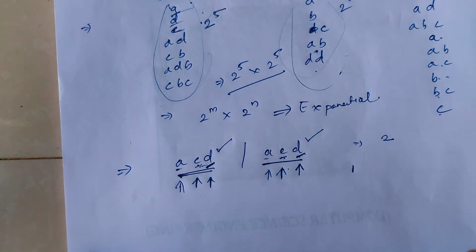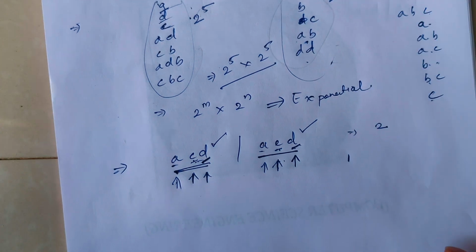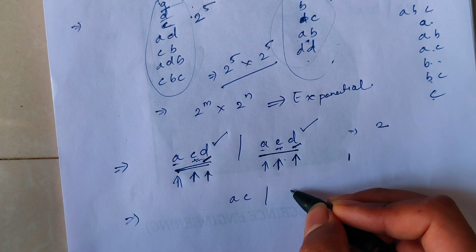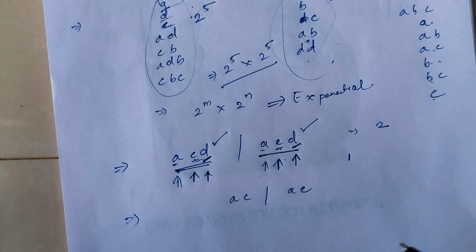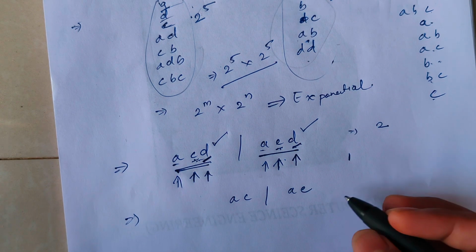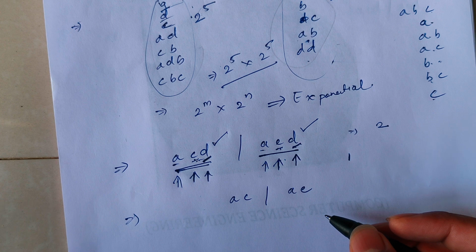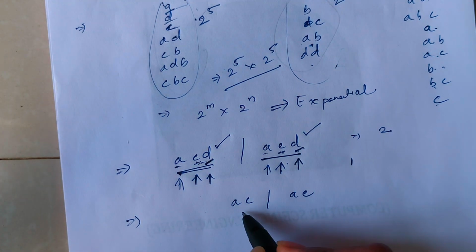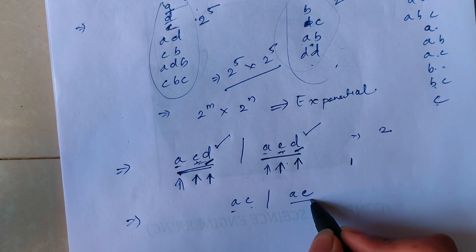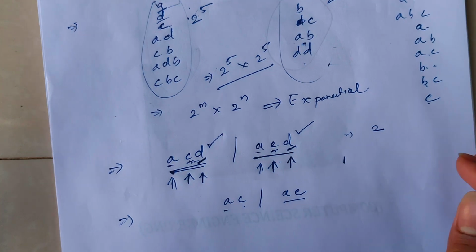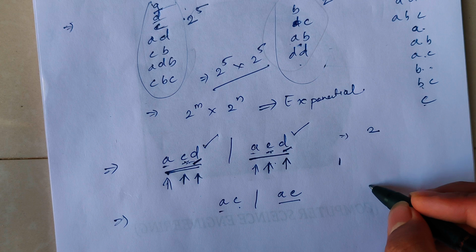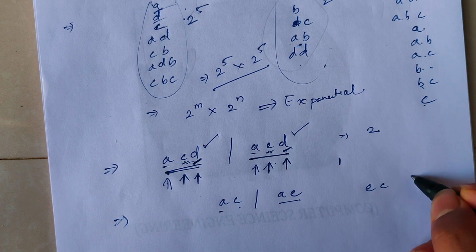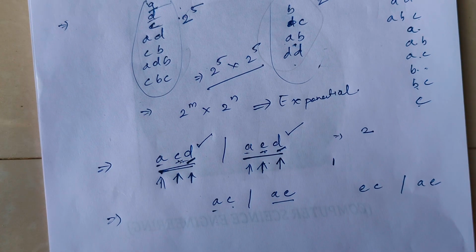But here is something we are missing. Let us see A, C and A, E. What is the thing we are missing here? Currently these are AC and AE, but let us suppose it would be EC and AE, right?